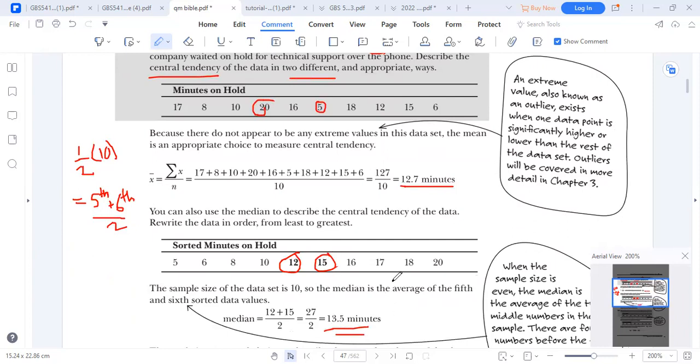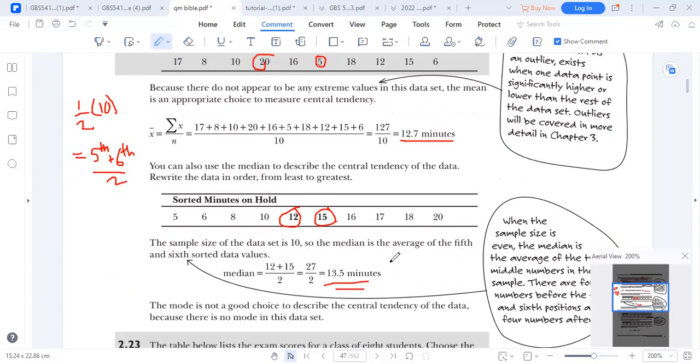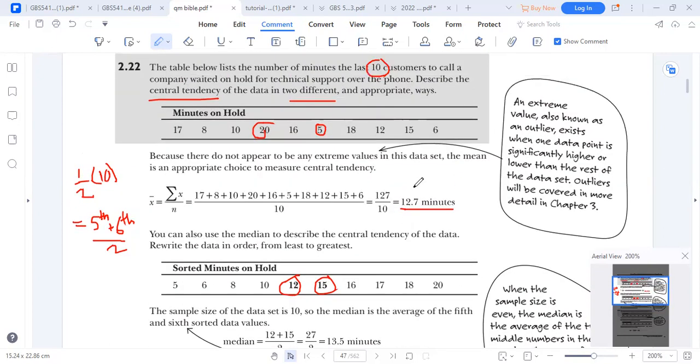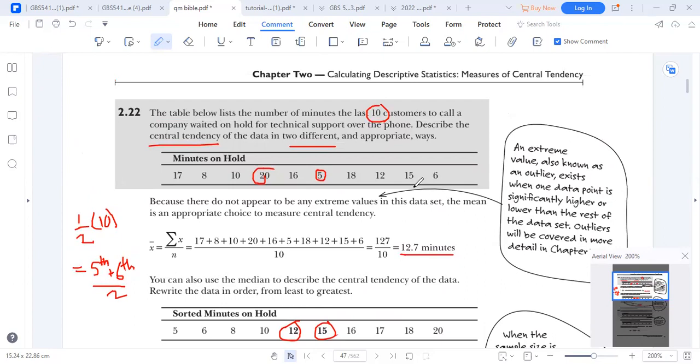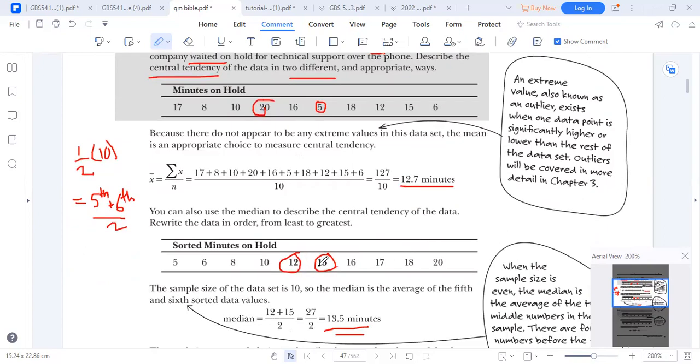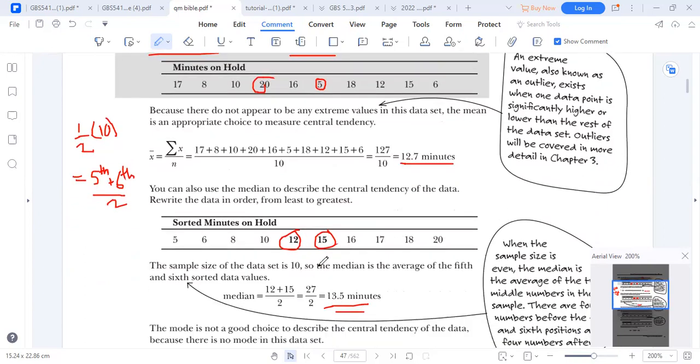So this is called our median. In this case, we can describe this data by the mean, that it has a mean waiting time for customers of 12.7, and our median average, which is 13.5.